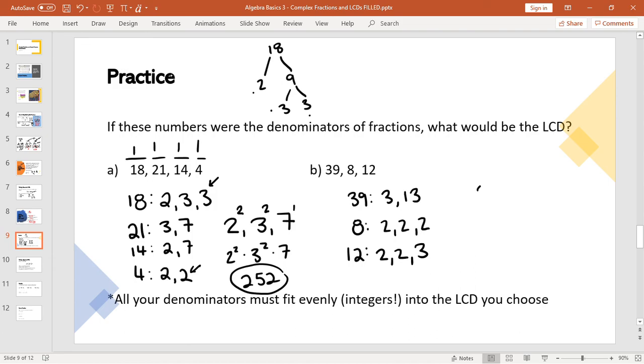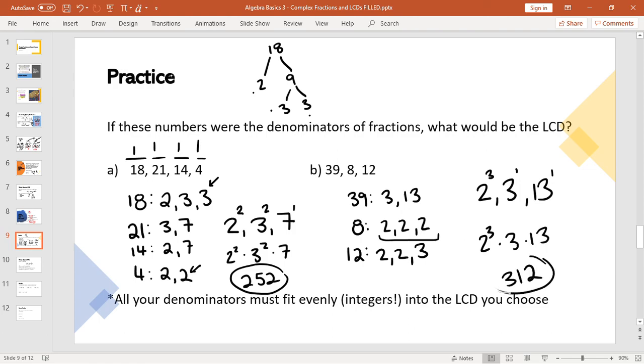Unique things, I've got 2's, I've got 3's, and I've got 13's. Where are there the most of them? Well, in 8 I've got 3 of them, 2 times 2 times 2. And I only ever have 1 three and 1 thirteen. So there's our math to get our LCD, and our lowest common denominator is 312.